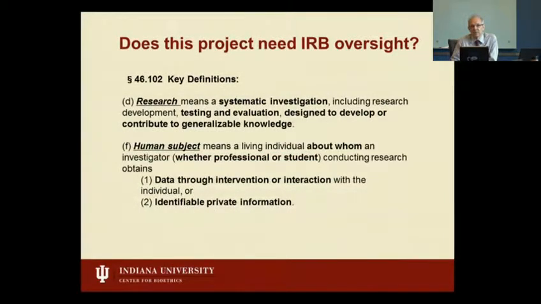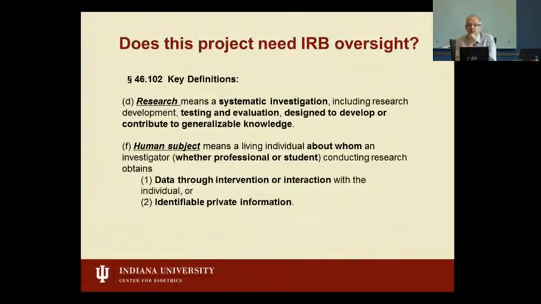The key definitions from Part 46: research is systematic investigation, which includes testing and evaluation, but it's particularly designed to develop or contribute to generalizable knowledge. So there are some key things, as most of you are familiar with, that the systematic investigation is what needs to be really understood, and the contribution to generalizable knowledge.